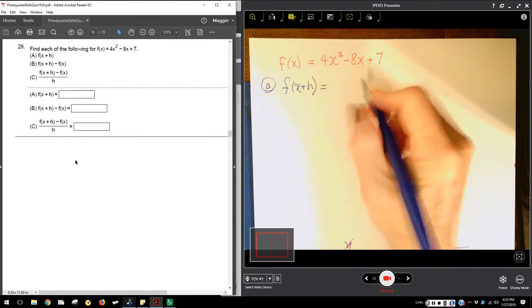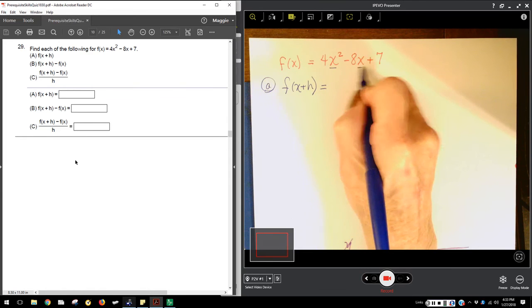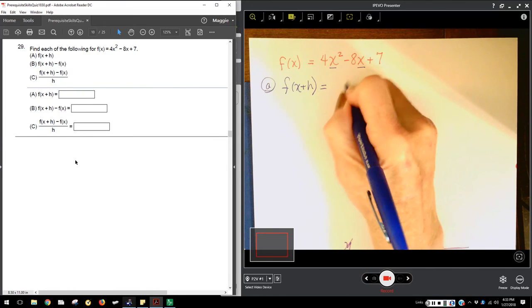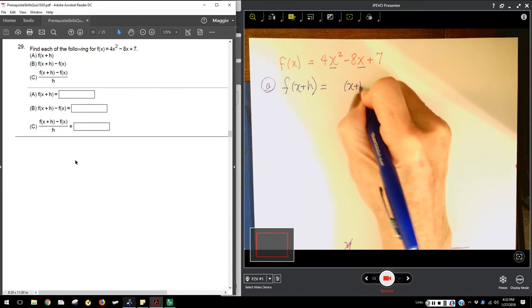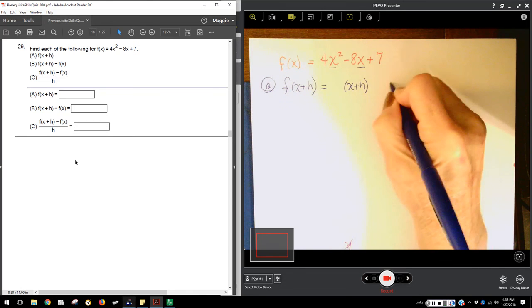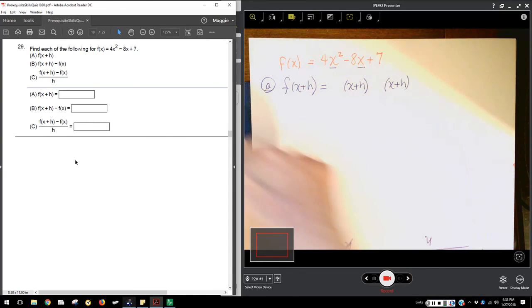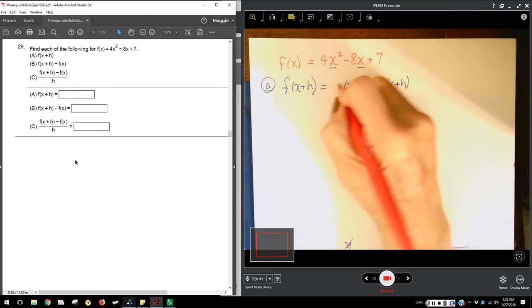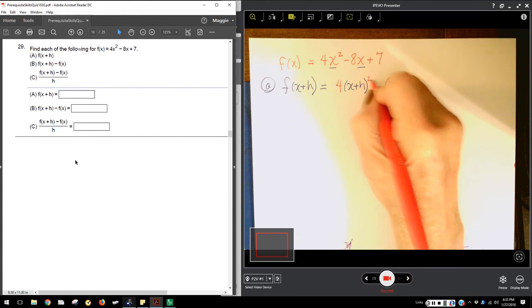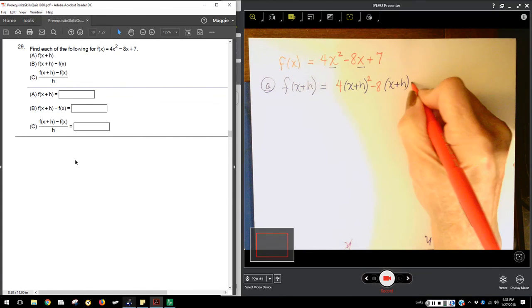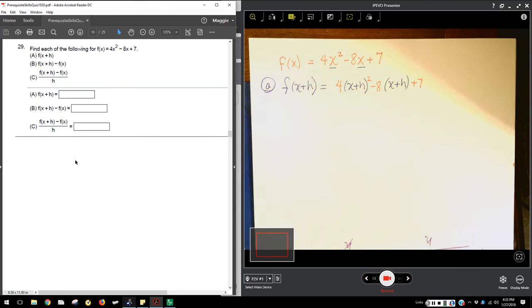Which means we're going to plug in x plus h for those two x's. And then we're going to multiply it out and simplify.